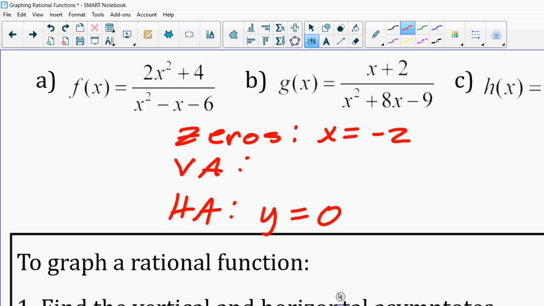Vertical asymptotes happen when the denominator equals 0. Good. So your question here is, when is that equal to 0? Let's factor it. What do we got?